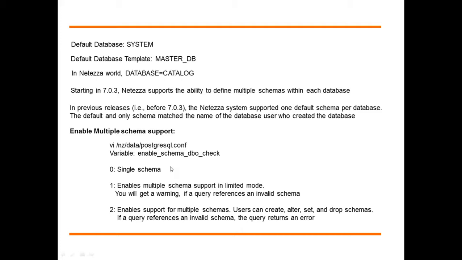But for the DBA, it's our responsibility to enable or disable it because it requires downtime. You need to stop and start. But if you have to enable it, this is the place to go. You will get a warning if a query references an invalid schema, but you still move to admin.